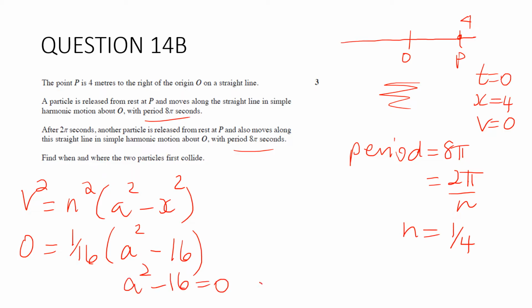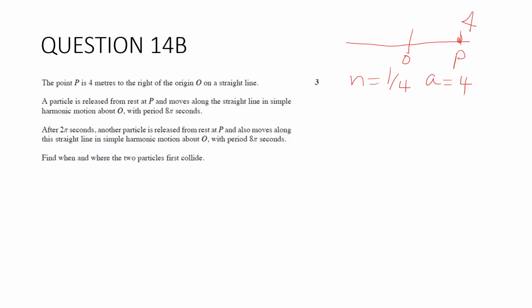A, which is the amplitude, is equal to 4. So that's nice. It means that we can write the equation of motion. It's starting up here, so we're going to use cos, and it's going to have an amplitude of 4. It's going to be cos nt, so cos(1/4 t).